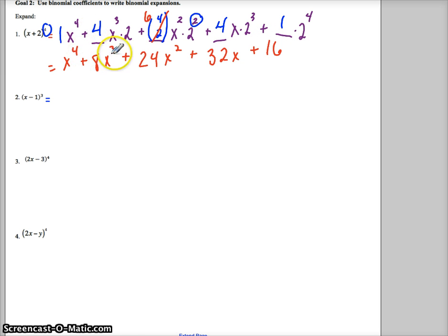And I'm going to go back through and check. I have no like terms to be added or subtracted. And we have successfully expanded x plus 2 to the 4th power.